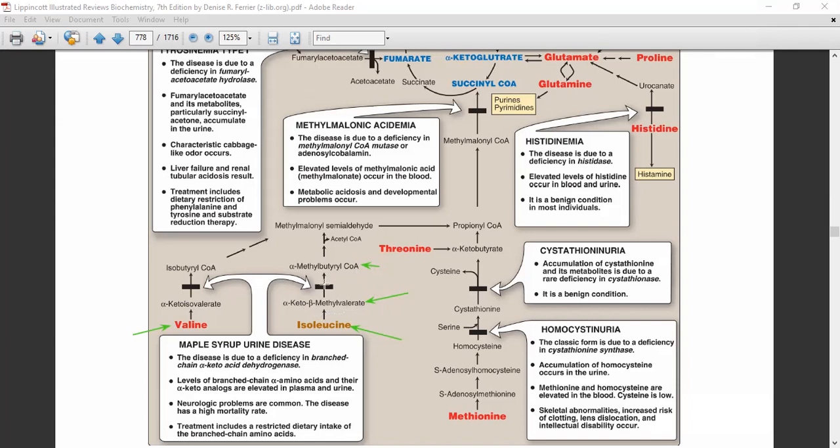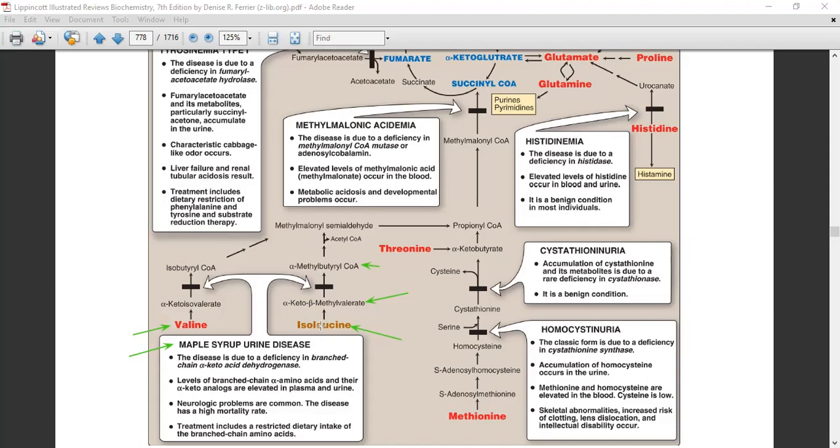Now, what if you have deficiency of that enzyme? You will have this disease, maple syrup urine disease, due to deficiency of the branched chain alpha keto acid dehydrogenase. So there will be accumulation of the alpha keto acids and also the respective amino acids in the plasma and in the urine. You have neurologic problems, high mortality rate.